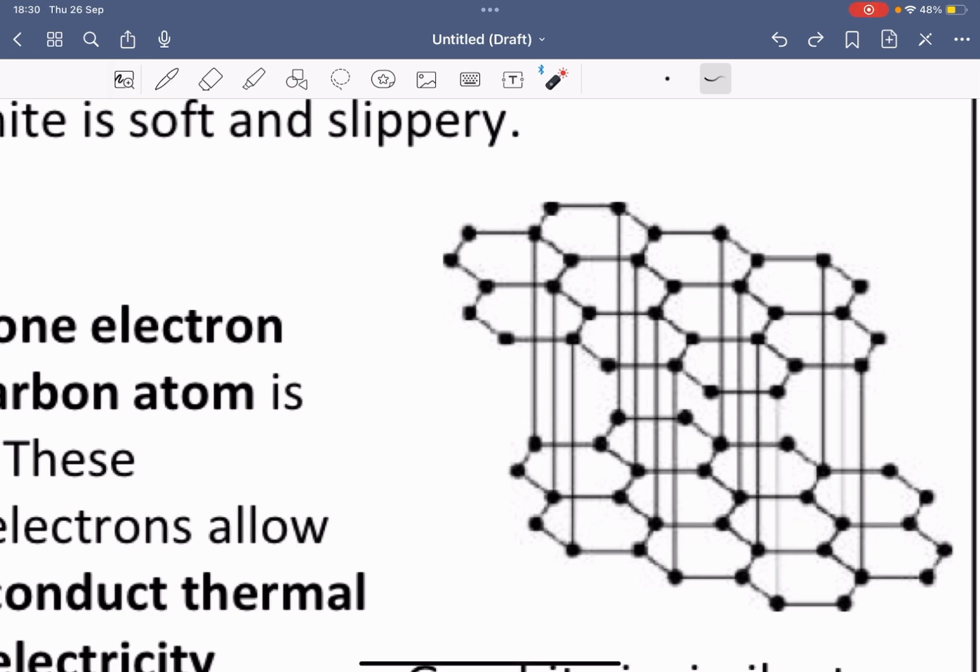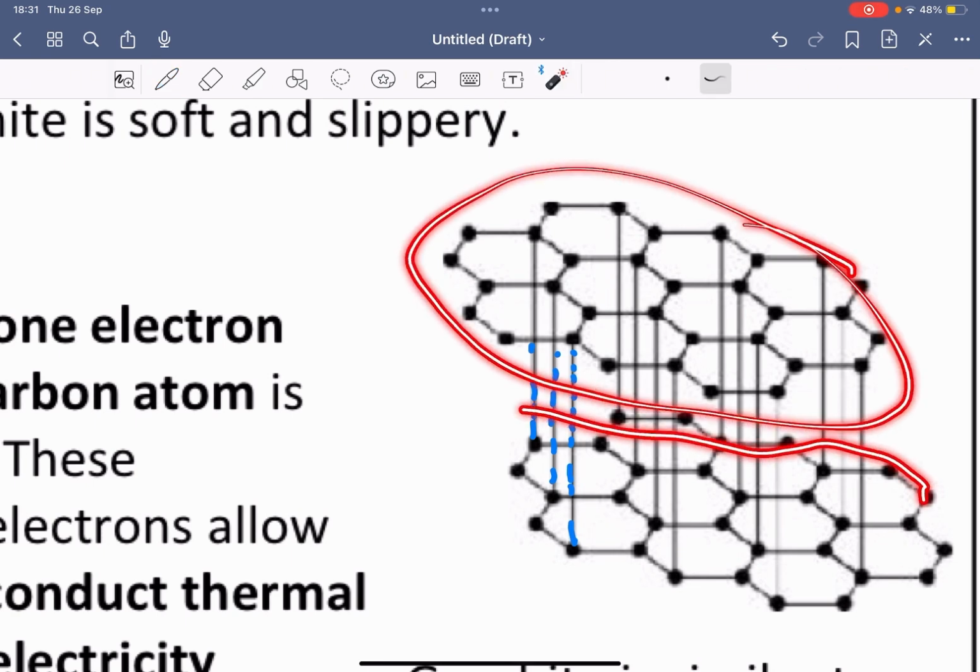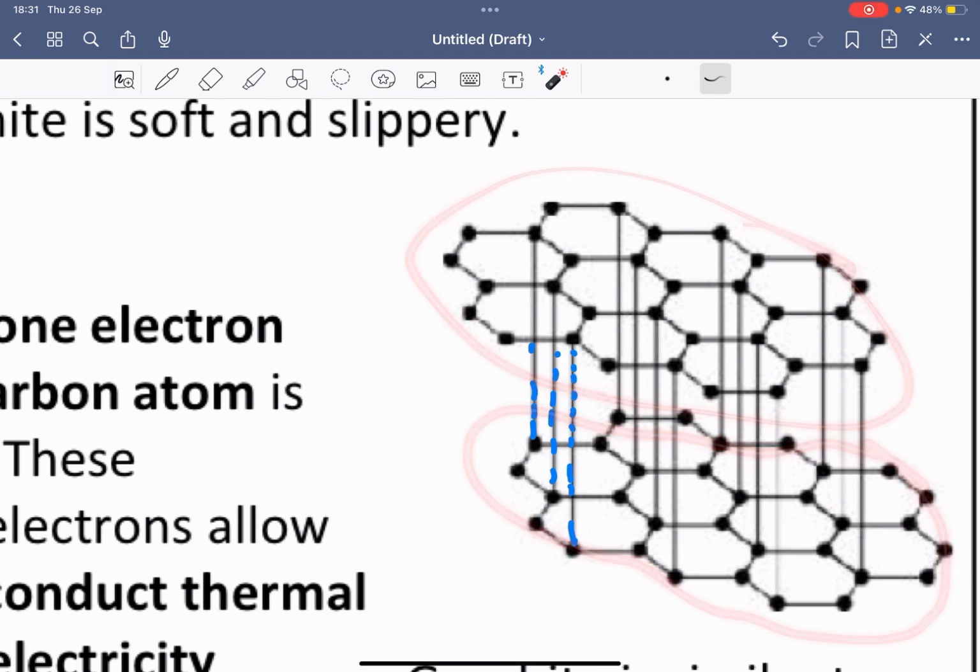If you imagine a page here and another page here, then there's a force in between them, and that force is intermolecular. Because these forces are intermolecular forces, they're really weak, so essentially this layer can really easily slide over this layer.